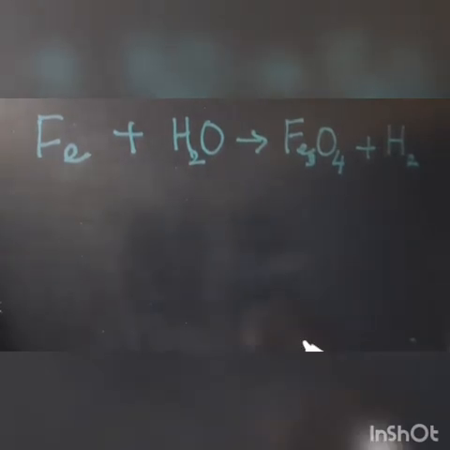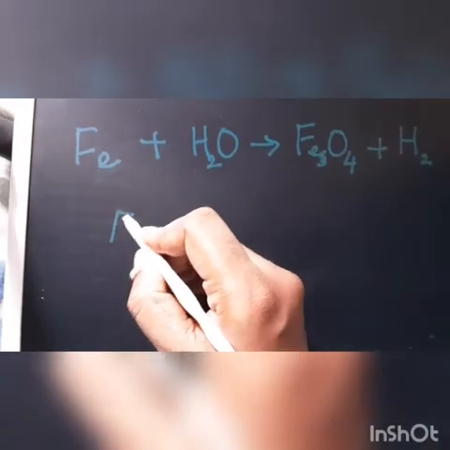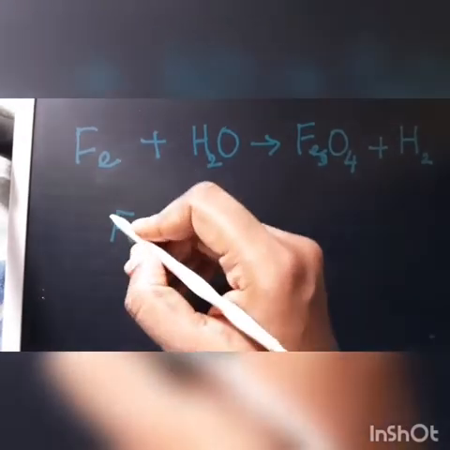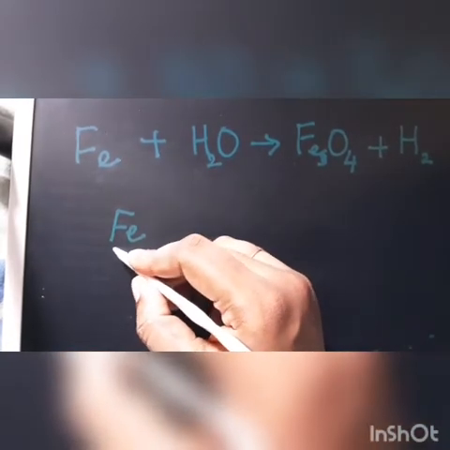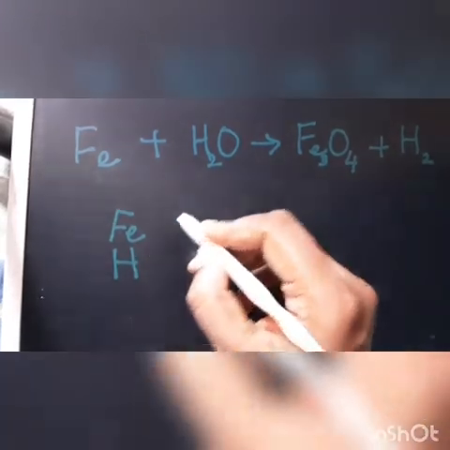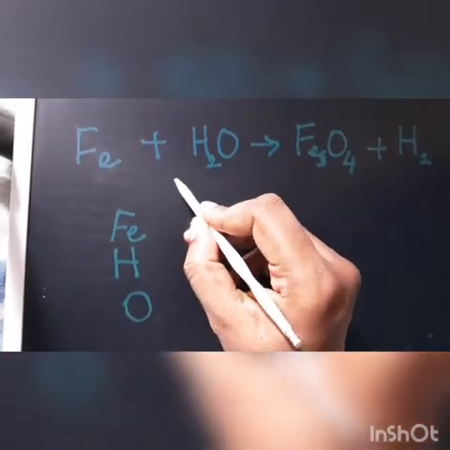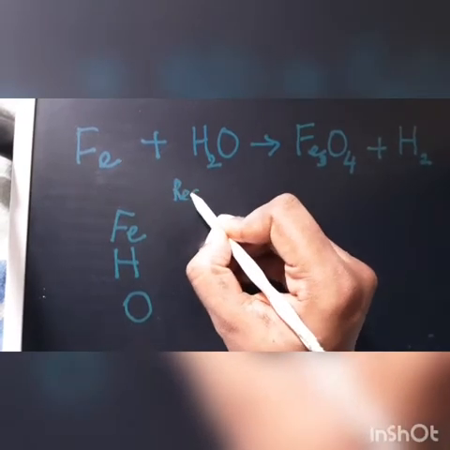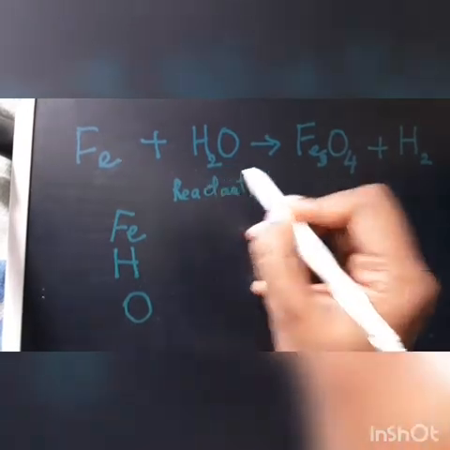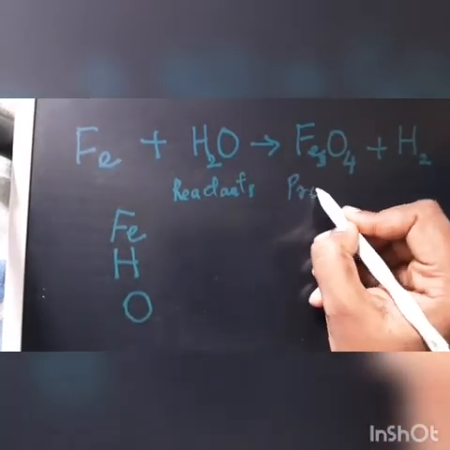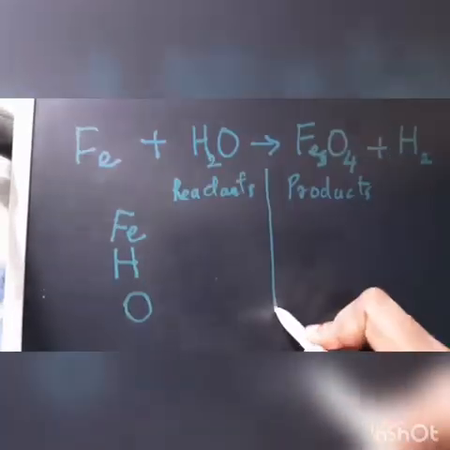Now let us make the table where Fe, that means iron, hydrogen and oxygen. In the reactant side, how many are there, and in the product side, how many are there?